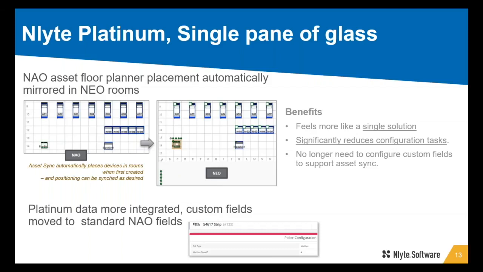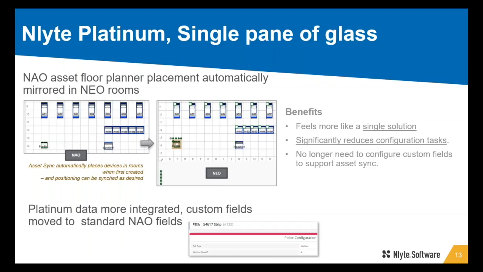So the Neo floor plan will all be automatically laid out. You'll be able to tweak a little bit if you wish inside Neo, but where we're heading here, and I think we're getting pretty close with 11, is to where you're doing everything in the one system. You're going into Neo, you're setting everything up, it's being passed over to Neo, and then Neo is obviously going to use that information for its polling and understanding around real-time telemetry.